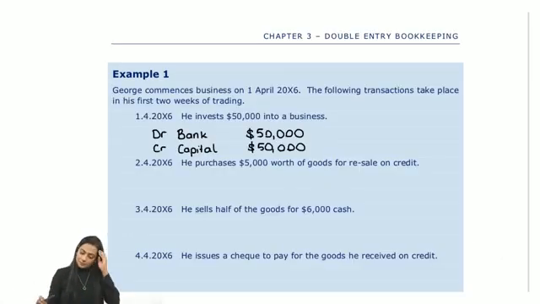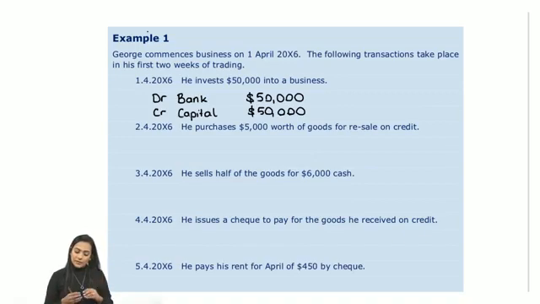On the 2nd of April, he purchases $5,000 worth of goods for resale on credit. If you buy goods for resale, this is known as a purchase. And purchases are a part of the cost of sales expense.